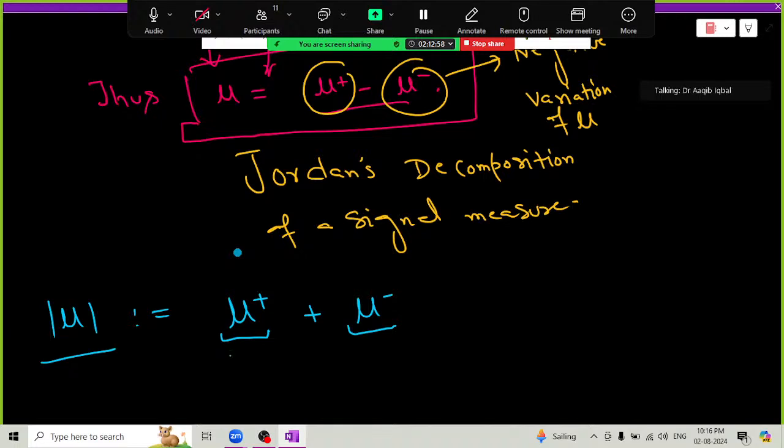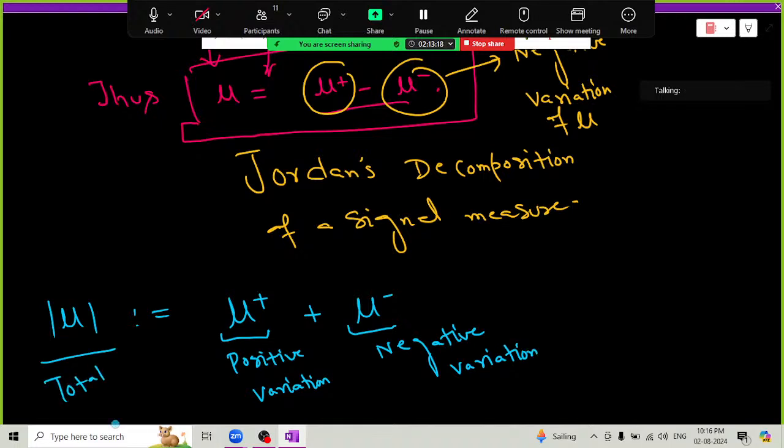Mu plus is called the positive variation. Mu minus is called the negative variation. And the sum of the positive and negative variation is called the total variation of mu. This is the positive variation of mu, and this is the negative variation of mu.